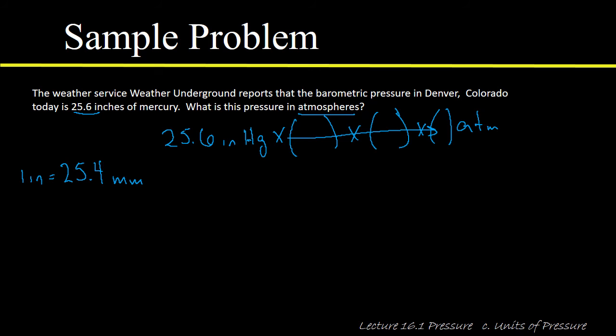We also know if we can get these units into millimeters of mercury, that there are 760 millimeters of mercury in 1 atmosphere. So this will allow us to convert from inches of mercury to millimeters of mercury, and millimeters of mercury to atmospheres. Looks like that's really all we need to do this, just those two relationships.